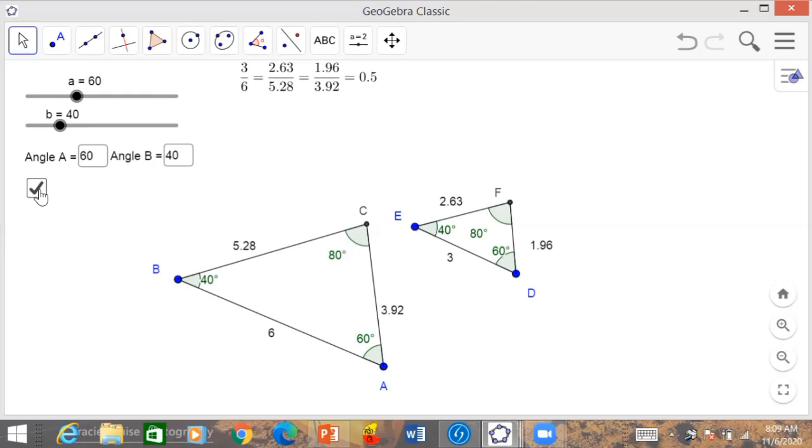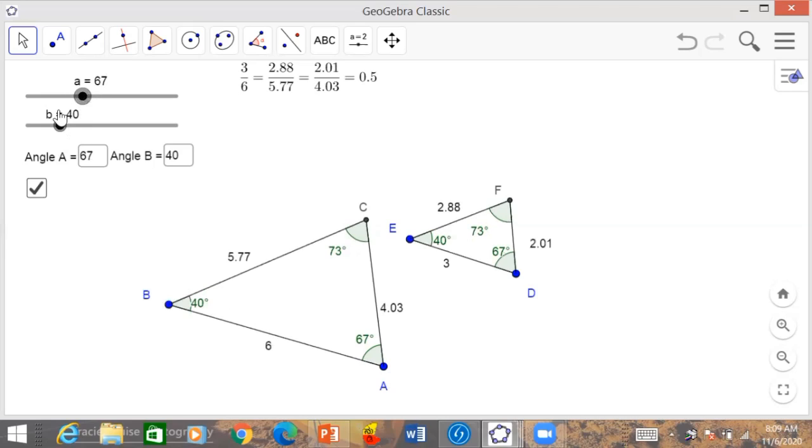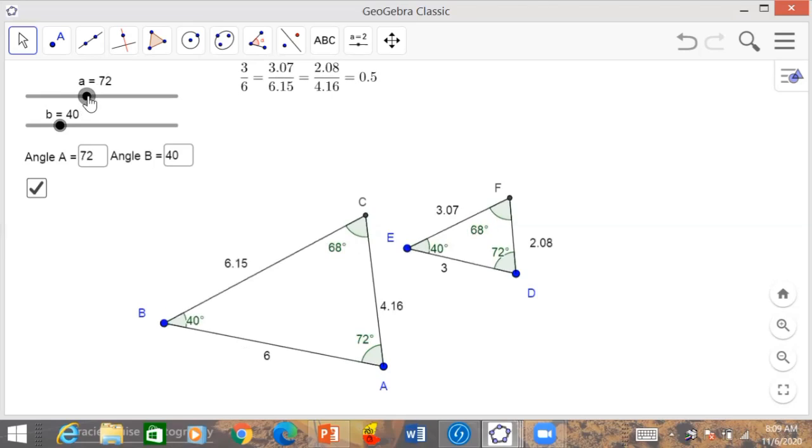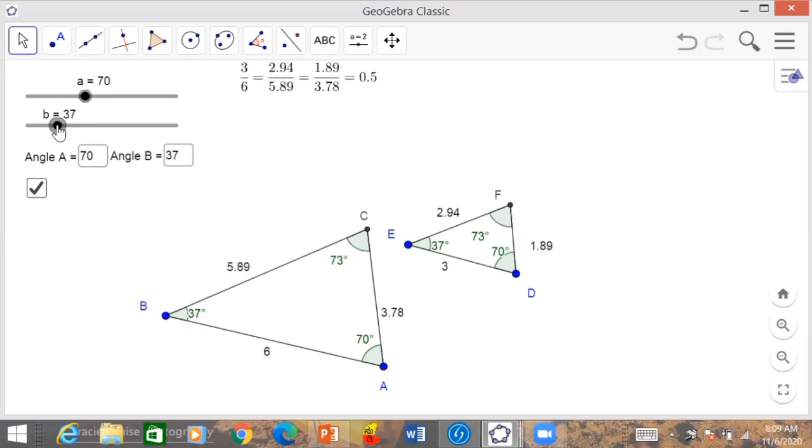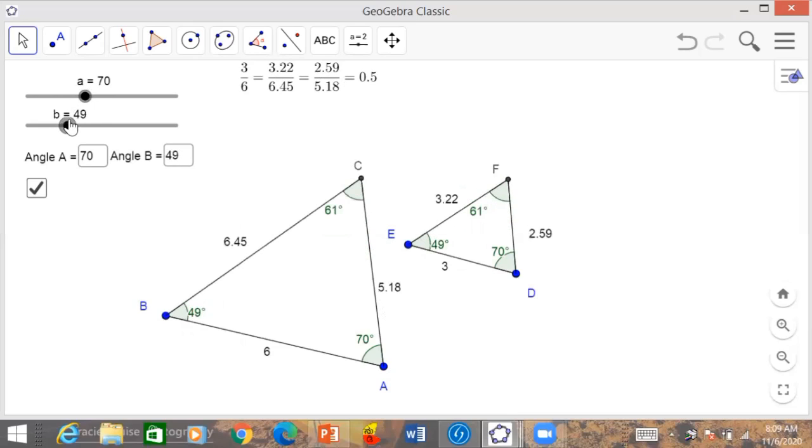In this case, if we measure the sides and take the ratios, then the ratio of their corresponding sides is equal. You can change the measurement of angles. See here.